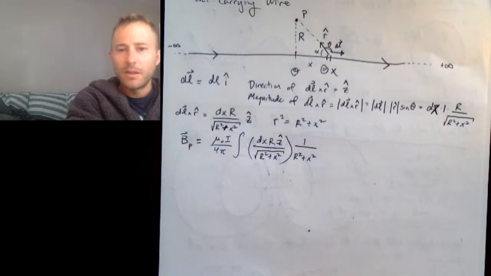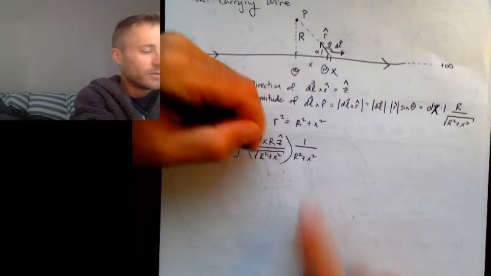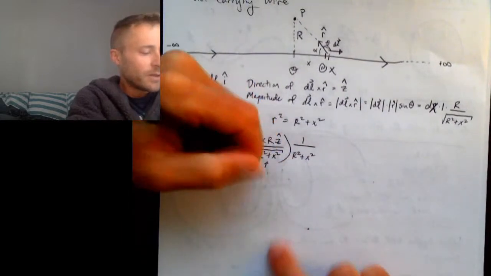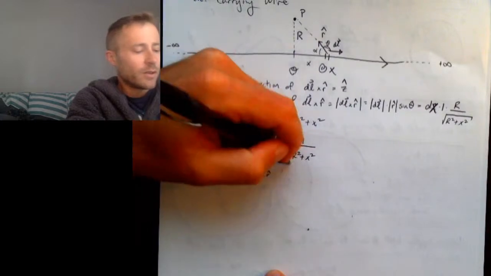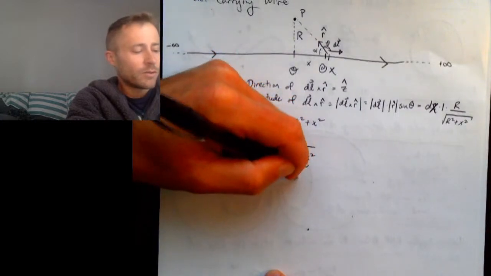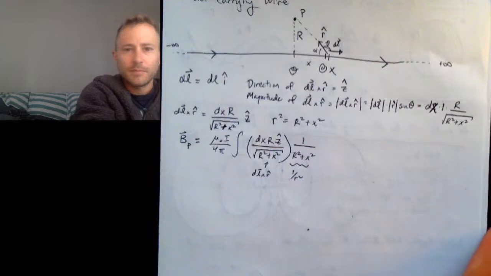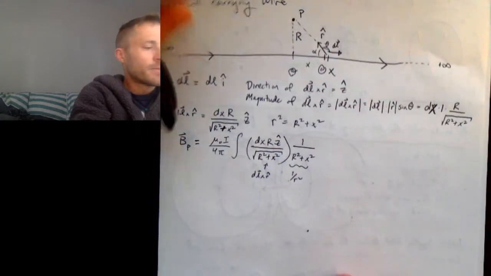All right? So that is the Biot-Savart law. This term right here is dl cross r hat. This term right here is 1 over little r squared. And you can see that matches with the Biot-Savart law right here.